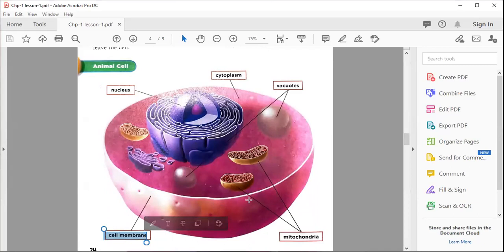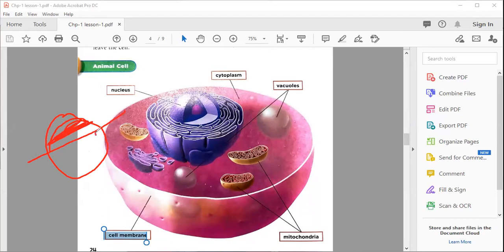It is the outer boundary that covers the whole cell. If we cut it from the center and remove the upper part, we can see these things inside. This outer boundary we name the cell membrane, and it is flexible, just like your skin.